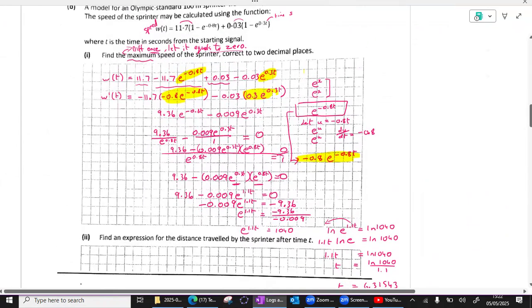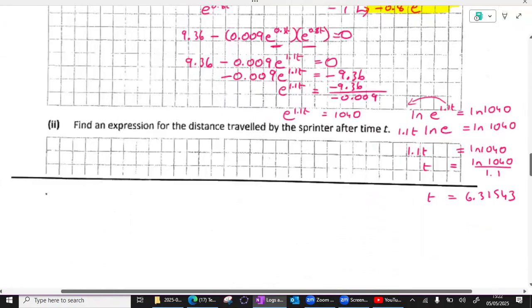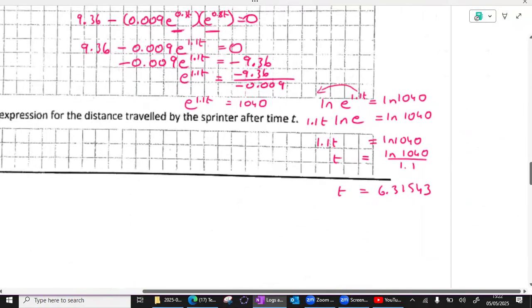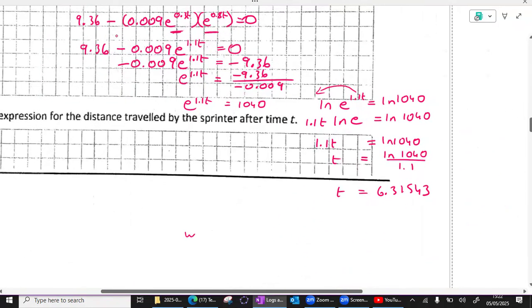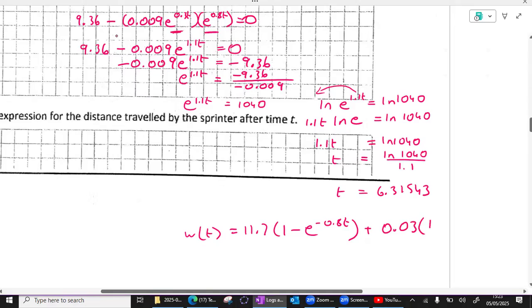So what I have to do now is rewrite the original sentence, which talks about speed, and then fill in my t. So I'm just rewriting that original sentence. So speed, we are told at the beginning of the question, is this. So 0.3t.